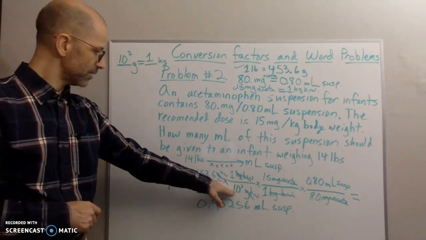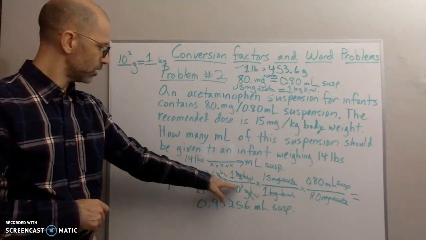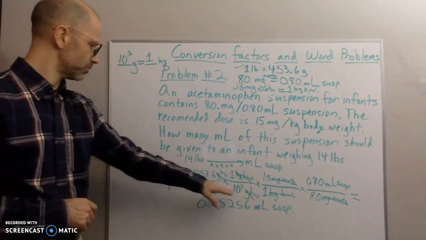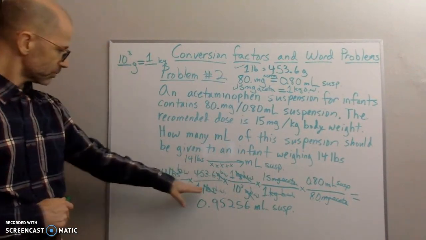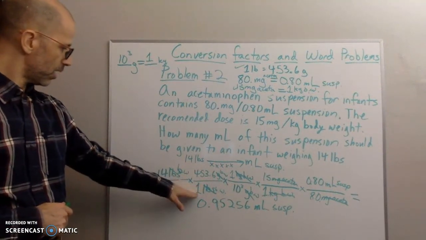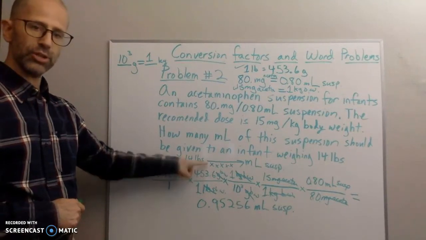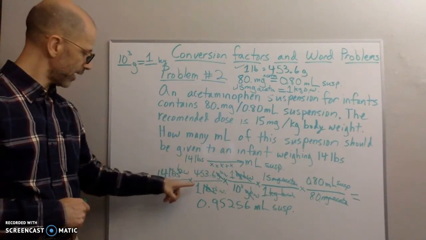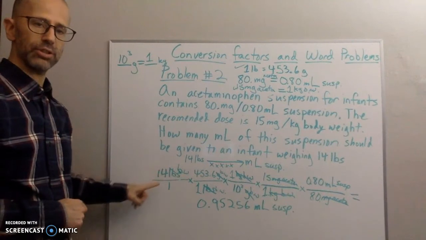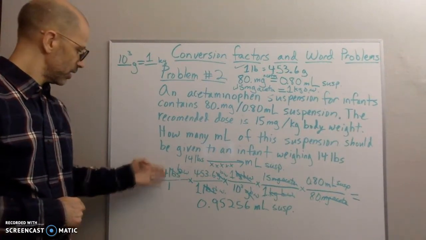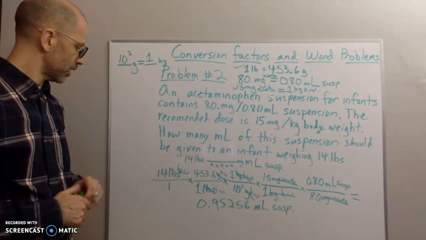This is exact, right? One kilogram to 1,000 grams is exact. This is a measure because we're relating a metric unit to an English unit, so we need to look at that. And this 14 was given to us as the number of pounds of the infant.